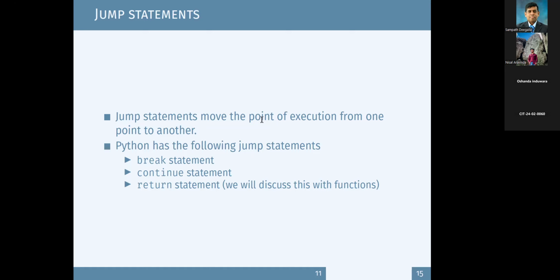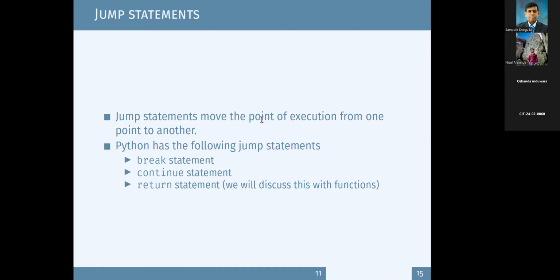Ideally, we understood in the beginning that when a program executes, we go from top to bottom, right? There's a sequence, and sometimes you can go from one place to another place. So that's why the jump statement means you're going from one place in the code to another place.